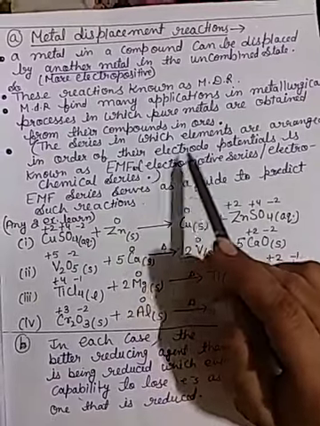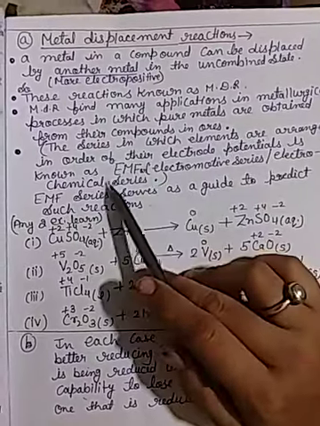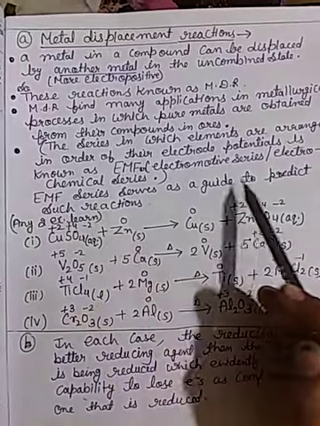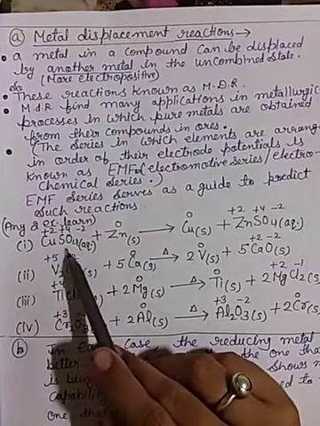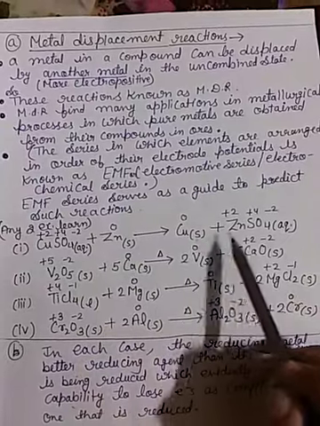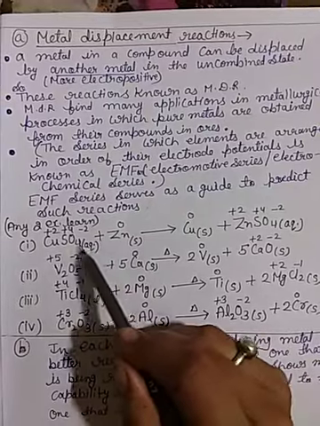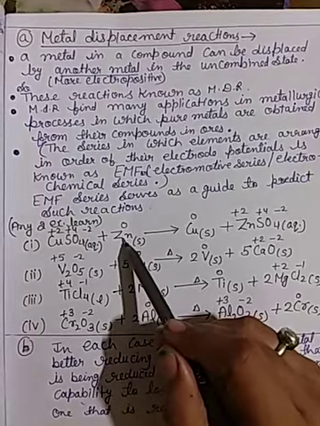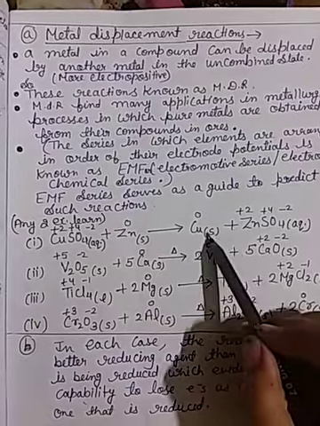According to the electrode potential, elements are arranged in this series, and the EMF series serves as a guide to predict such reactions. For example, copper sulfate reacts with zinc to give copper and ZnSO4. Here copper is displaced by zinc; zinc displaces copper, forming zinc sulfate.